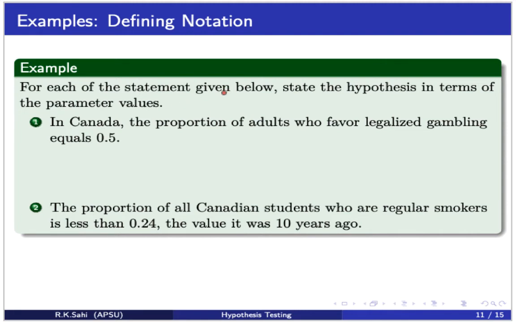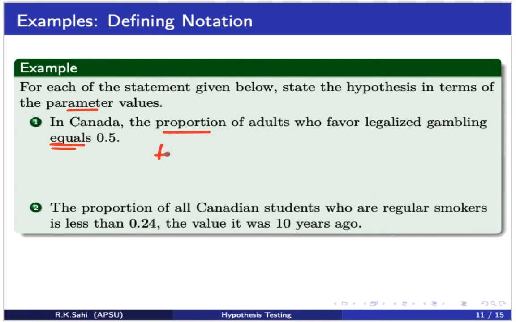For each of the statements given below, state the hypothesis in terms of the parameter values. Here, the first says, in Canada, the proportion of adults who favor legalized gambling equals. Now remember, we just did this example a few minutes ago, and equals means it's a null hypothesis.